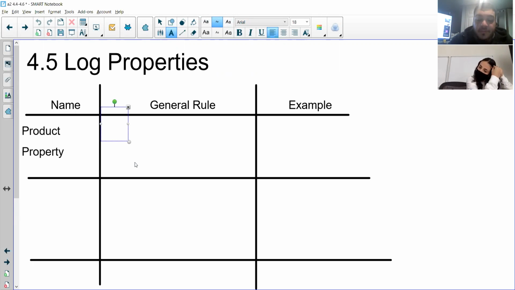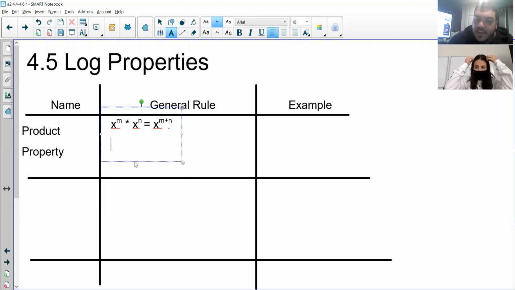In exponents, if you had x to the m power, and you multiplied that with x to the n power, what would occur is that you make one variable and you add the exponents. So x to the m plus n. That should feel familiar. We've done that.